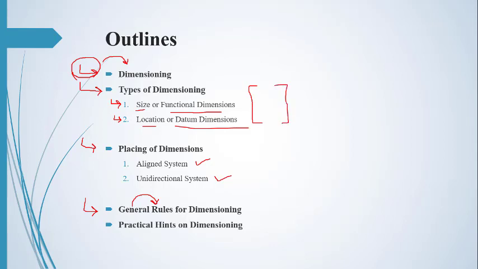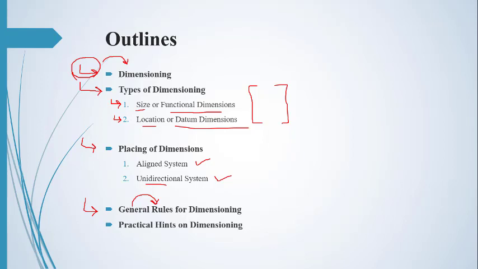The third topic of our outline is placing of dimensions. So it shows that how we can place the dimensions. So for this purpose there are also two systems. The first one is known as aligned system and the second one is known as unidirectional system.